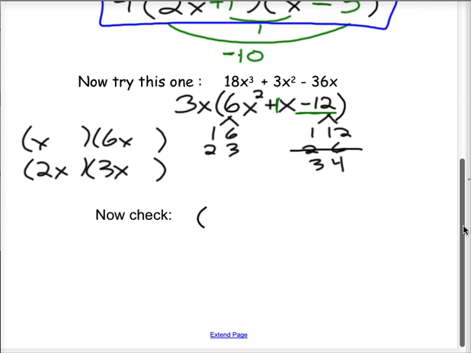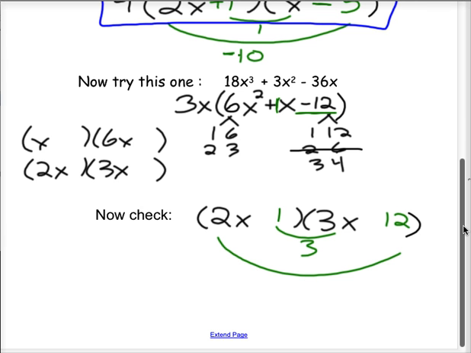So I'm going to move on to my second structure, 2x and 3x. Let's see if we can make anything work there. So 1 and 12. So we're getting 3 and 24. Again, keeping in mind, we know one of those is going to be negative. So we're talking about 21 or negative 21.